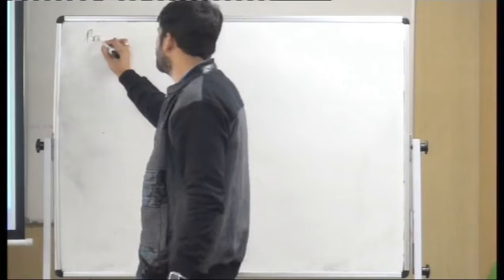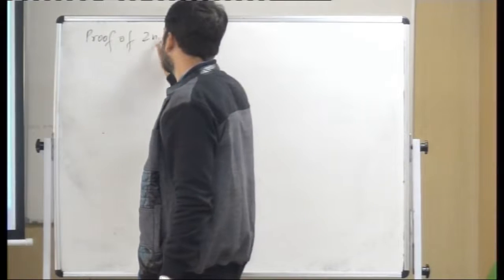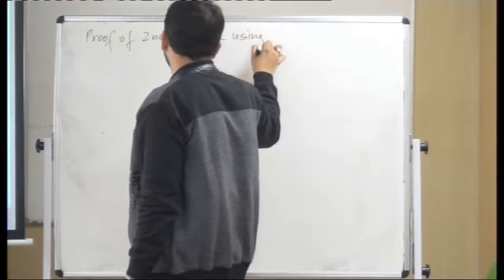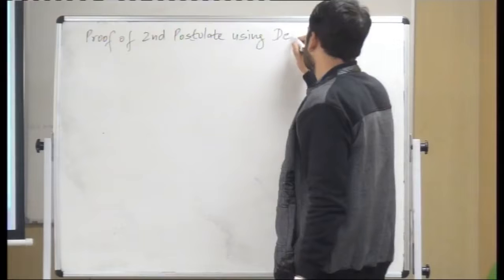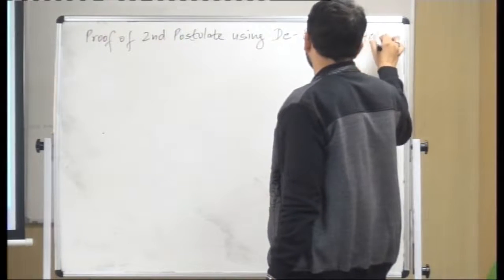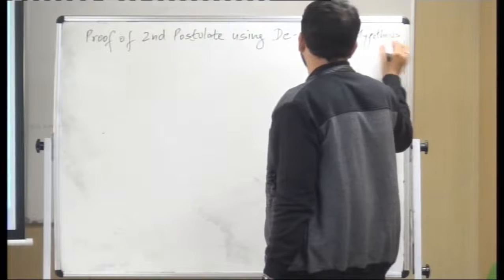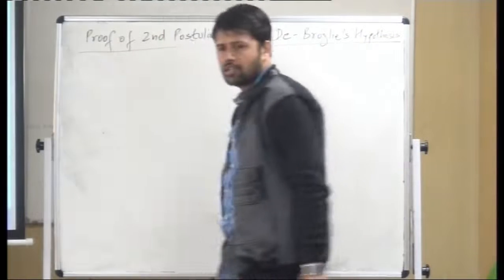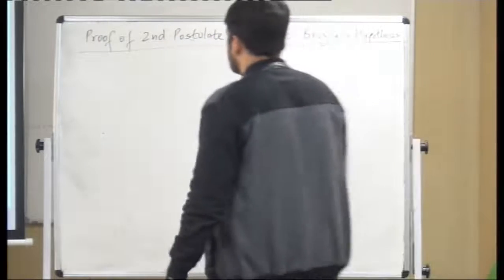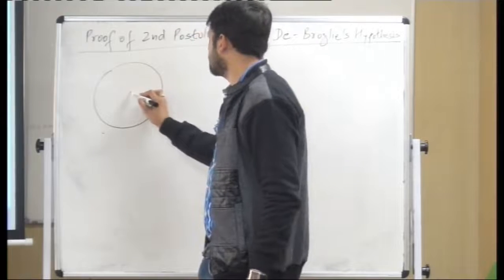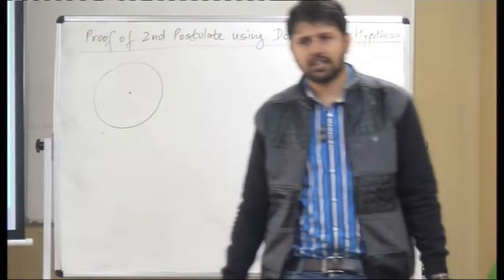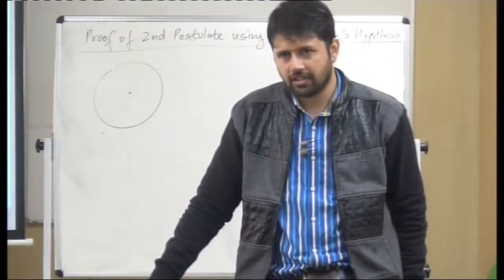Now, proof of second postulate using de Broglie's hypothesis. Okay, second postulate said that mvr is equal to nh upon 2 pi, है ना? Now, what de Broglie said, that matter exists as particle and wave, right?